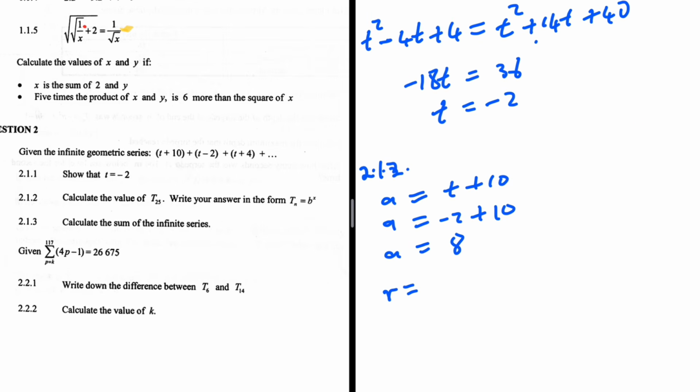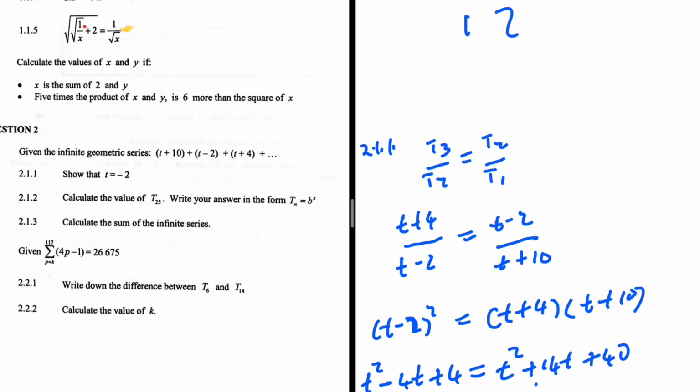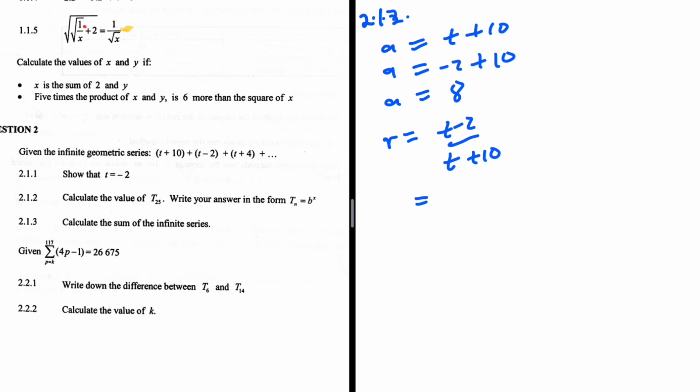R is t minus 2 over t plus 10, right? So that will be minus 2 minus 2 divided by minus 2 plus 10. So is that minus 4 divided by 8, and then is that minus 1 over 2? Seems like it.